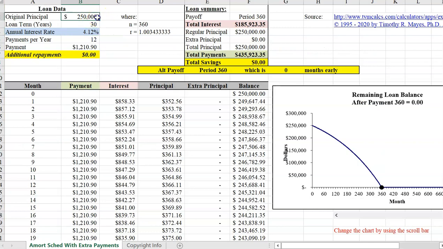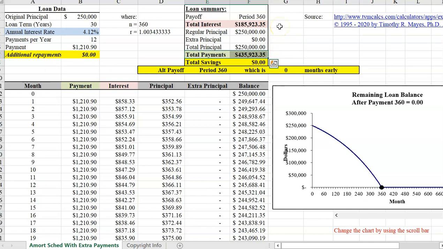Okay, so I've just ensured that each one of my inputs is correct. So the $250,000, 30 years, 4.12%. The K value is 12, so monthly, and it gives us a payment amount of $1,210.09. To answer part A, the total payments that we would make over the period of that 30 years or 360 months would be $435,923.35.